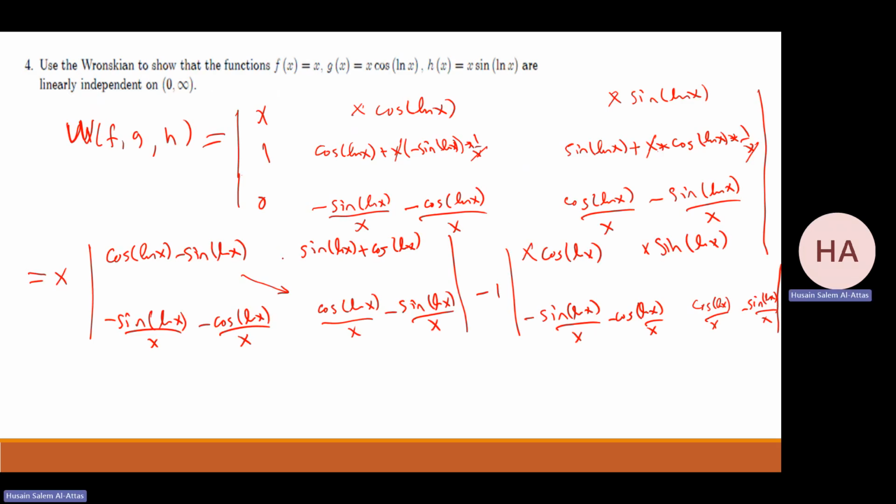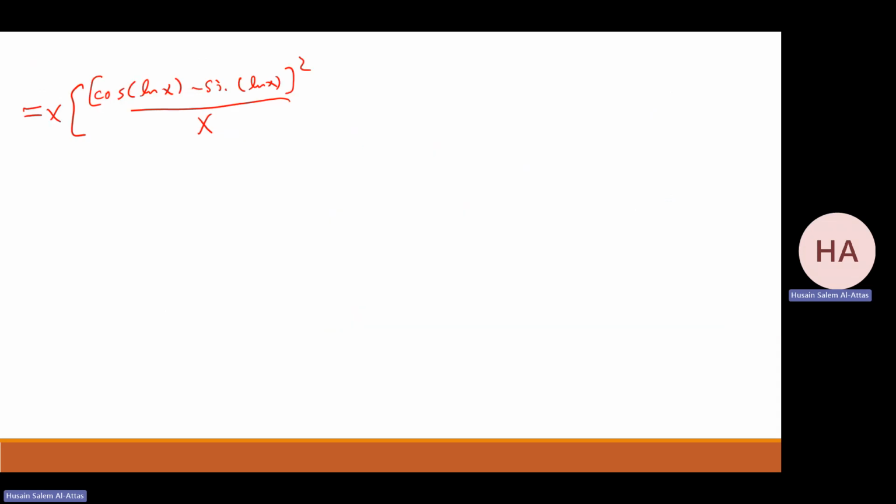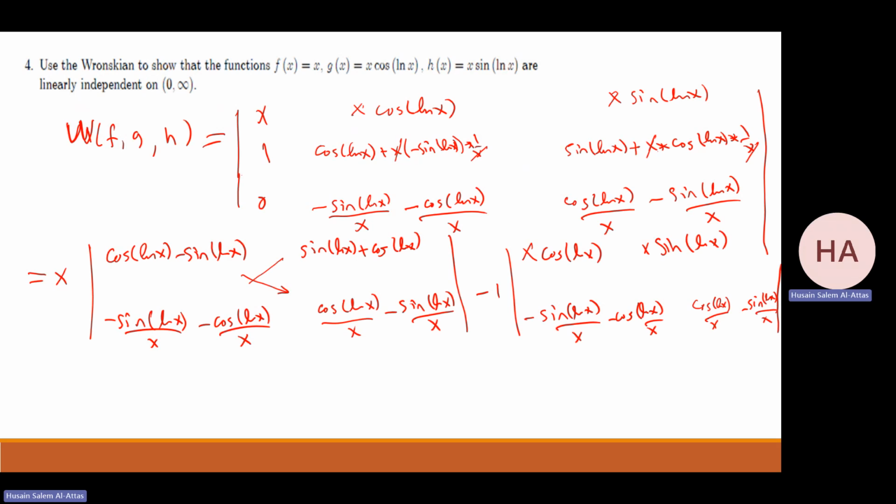Now minus this, which is sine ln x plus cosine ln x, all squared over x. Yeah, because it's minus times minus, so it's the sum.